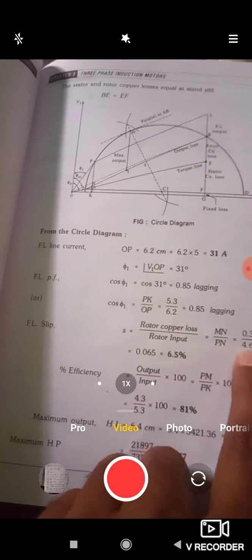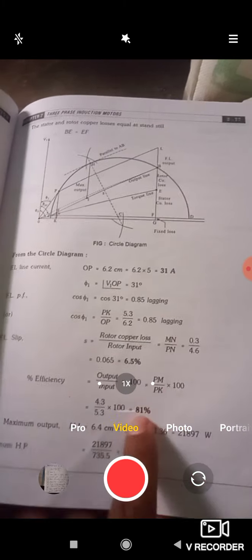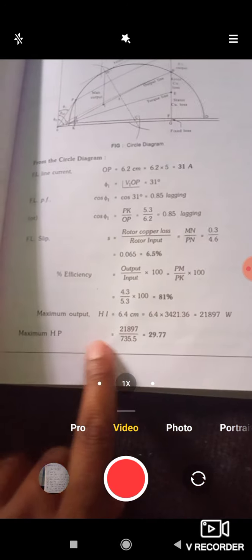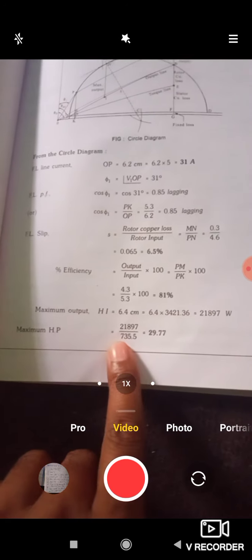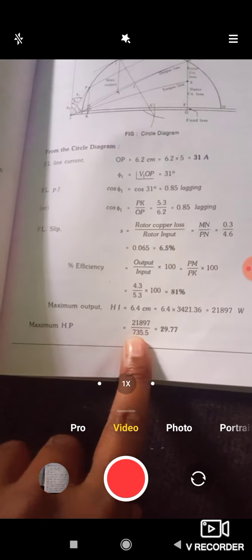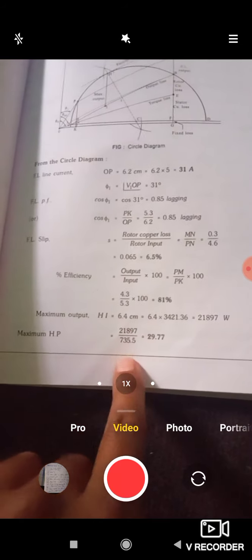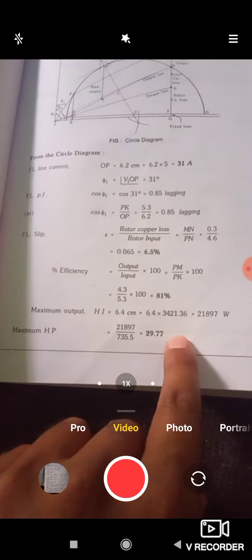Next, full load slip is MN by PN, same formula. Efficiency PM by PK is 81%, and also maximum output HI is 6.4 centimeters, so 21,897 watts, and maximum HP is 29.77. British horsepower is 735.5. If you divide watts by 735, we will get HP. Okay, that is the one example.